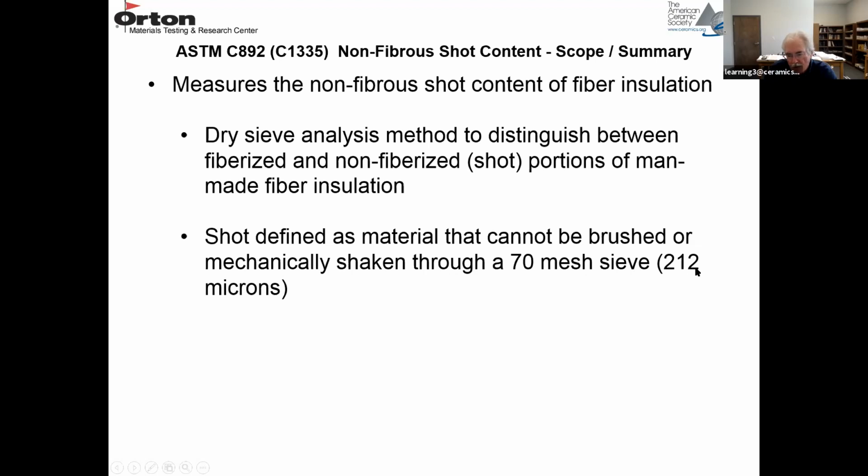That's 212 microns. So the fiber diameter, if you recall, is generally between 2 and let's say 6 microns. So they're assuming all the fibers are going to go through a 70 mesh screen, and all the shot will not go through the 70 mesh. So that's anything bigger than 212 microns.